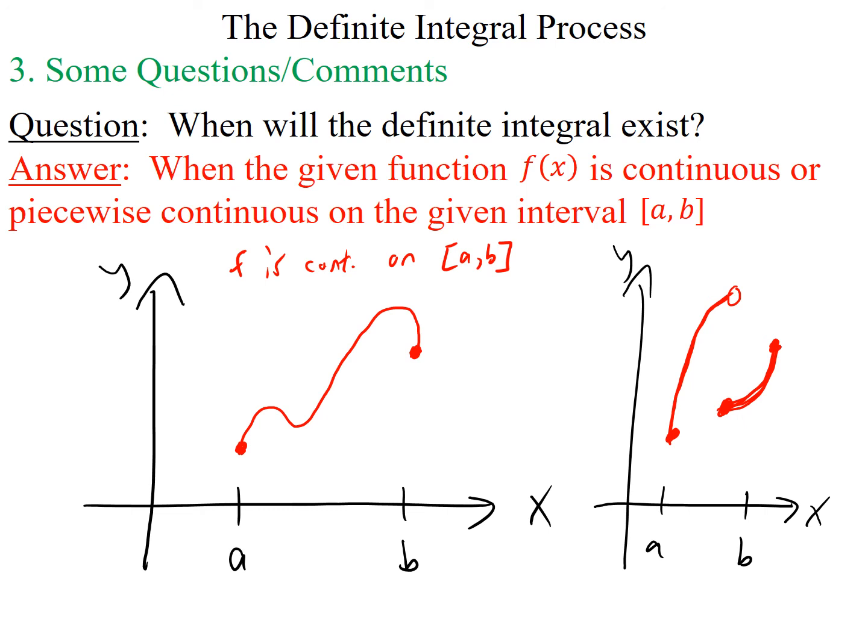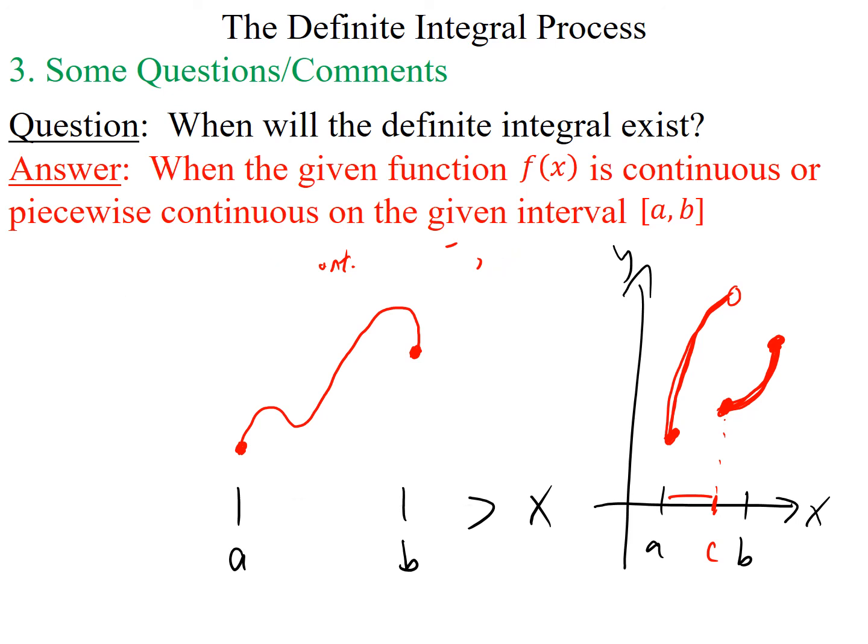Piecewise continuous means it's continuous except at specific points. So except for a couple of points, one point or a few points, it's going to be continuous. In this example, the only reason it's not continuous is this one number, let's call it C, but it's continuous from A to C. You can draw it all the way from A to C without taking your pen off the paper, then from C to B without taking your pen off the paper. So that's piecewise continuous. Let me go ahead and draw a more complicated piecewise continuous function.